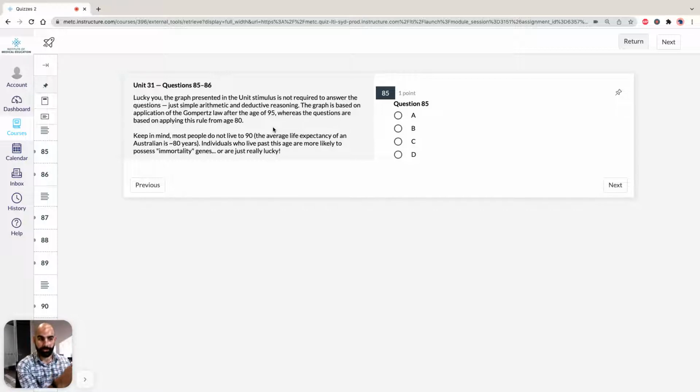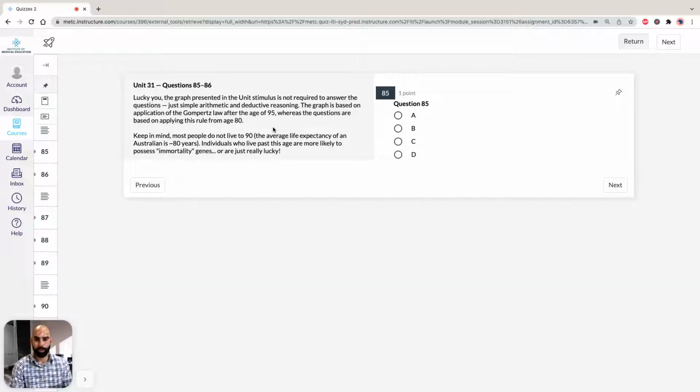So the data's been played around with specifically for Gompertz law after age 95, whereas in 85 we're applying Gompertz law from age 80. So the graph would look different, and that's why we can't use the figure.